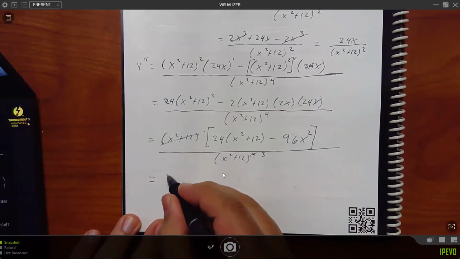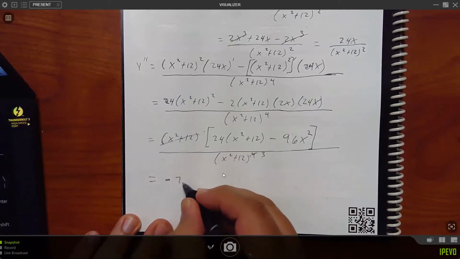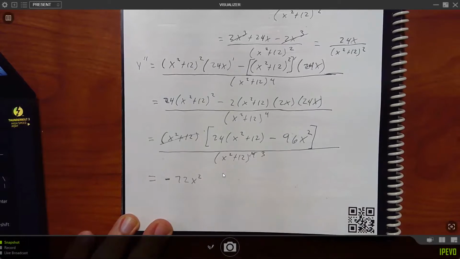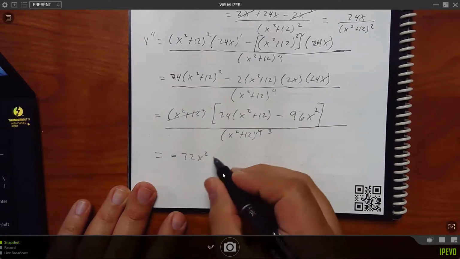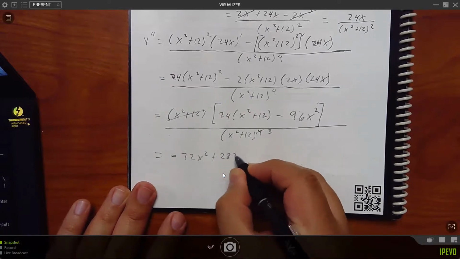Oh man, it's negative 72x squared plus, I don't trust anything anymore, 12 times 24. Same.